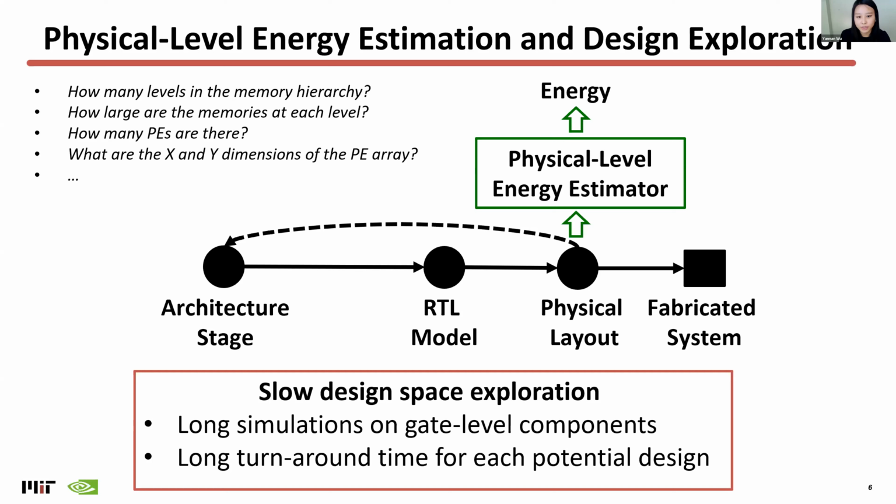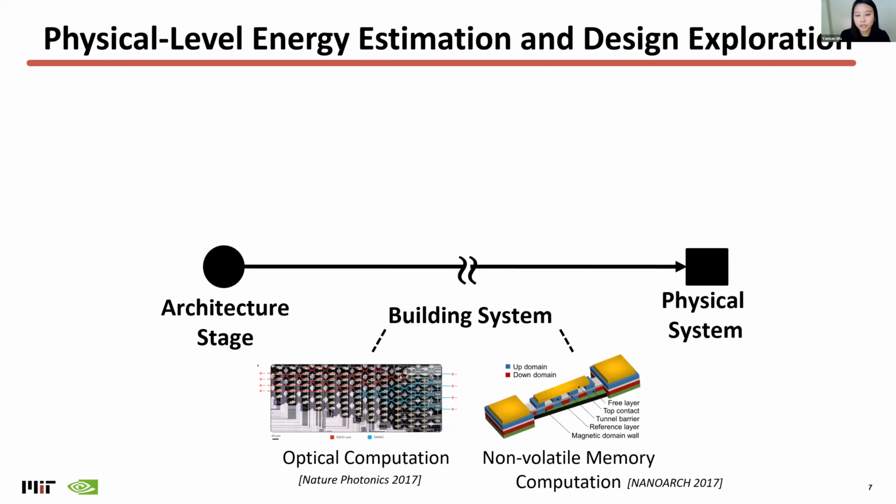Furthermore, a lot of the emerging systems are using new technologies to improve the energy efficiency of the architecture. For example, a lot of DNN accelerators are using optical computation or non-volatile memory computation to increase the throughput of the architecture.